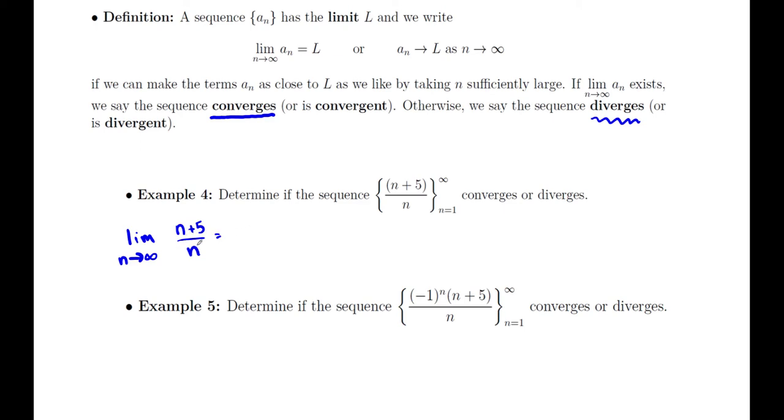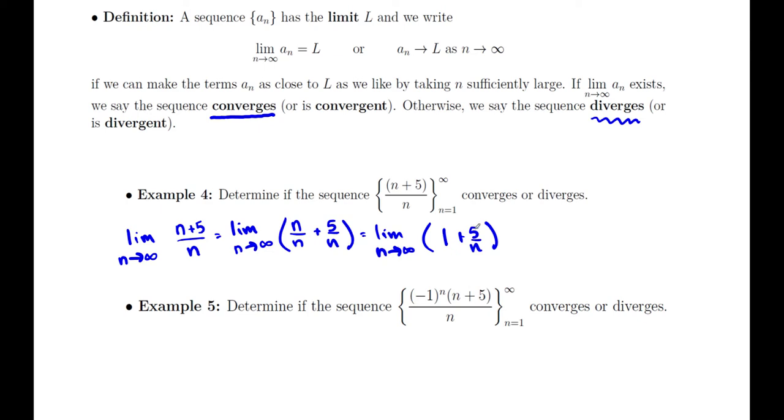Okay, but to do that more formally, here's what we're going to do. Anytime we are dividing multiple terms by just one single term, I can always break it up. I can say that this is the same as that, which of course turns into 1 plus 5 over n. But here's the thing we do know.